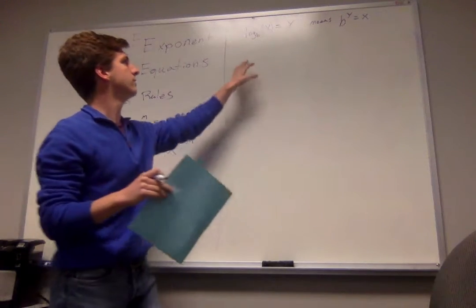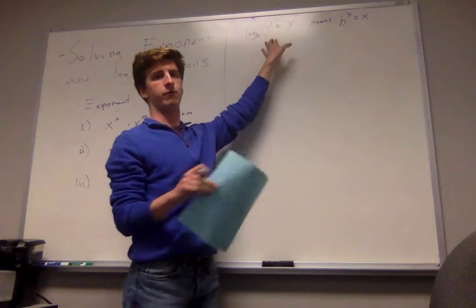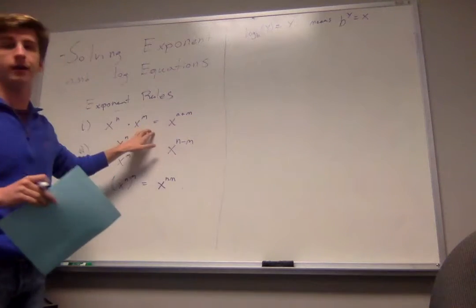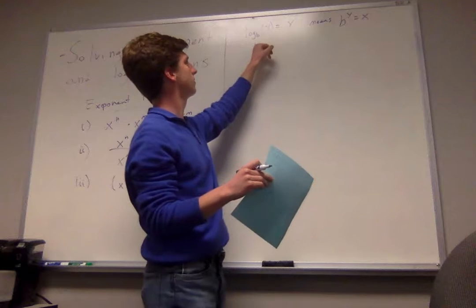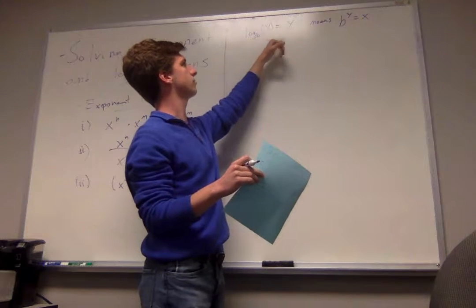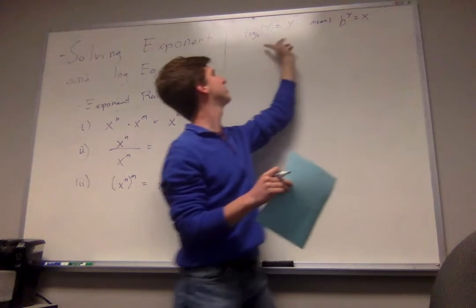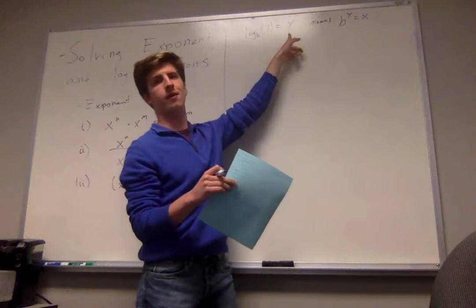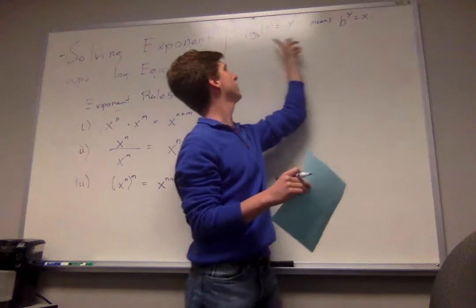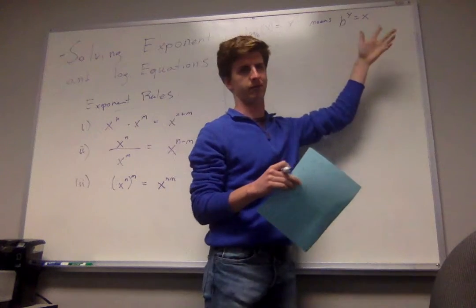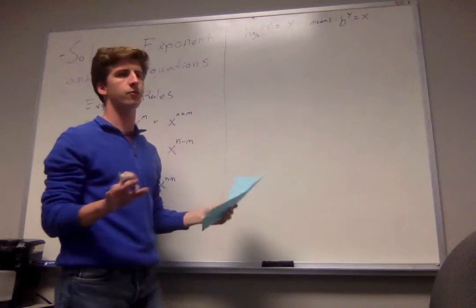Right, so when we have a logarithm, it's another way of writing an exponent. So log base b of x equals y means that b to the y power equals x. So this is sort of like you're looking for y, that when you raise the base to the y power, you get x out of it. So that's how the logarithms work.